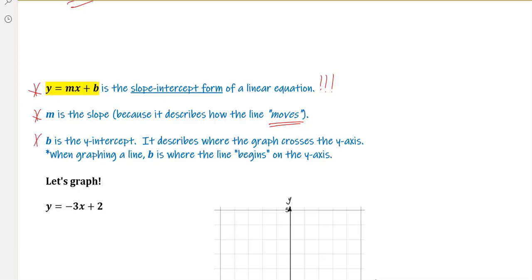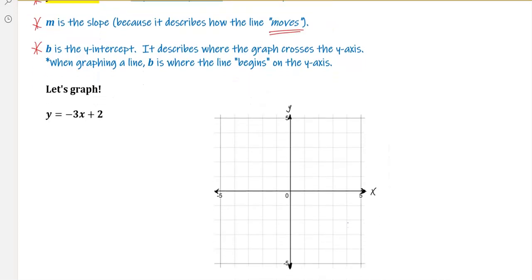And b is the y-intercept. It describes where the graph crosses the y-axis. And if you're going to be graphing a line, b, you could say, is where the line begins on the y-axis. Okay? So it's where it begins. B begins.